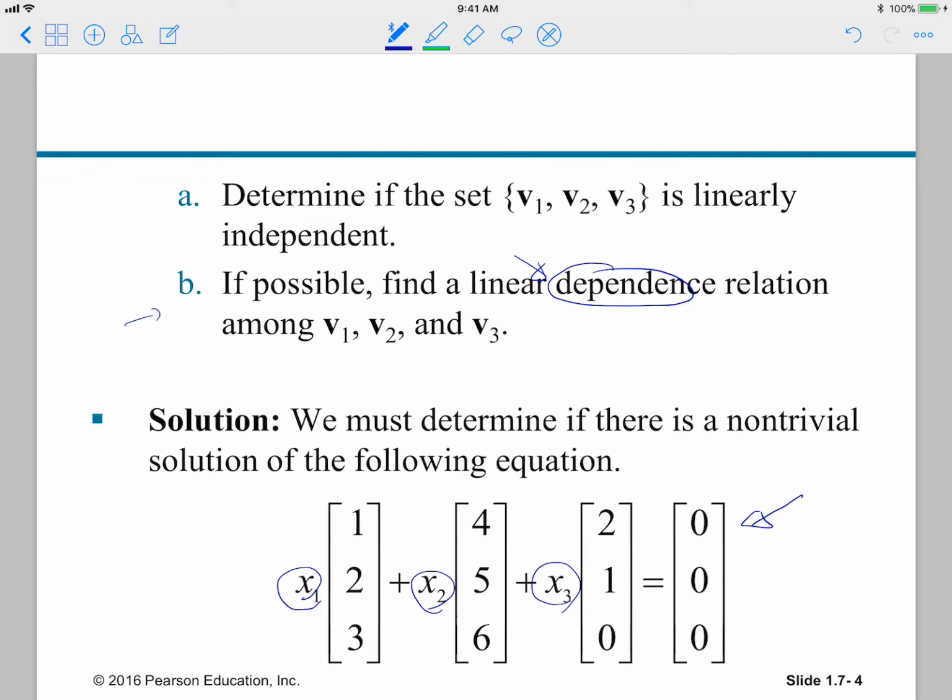Okay, and then let's look at how this is related to the existence of a free variable. If we have free variables, then those vectors are linearly dependent, and let's see why.